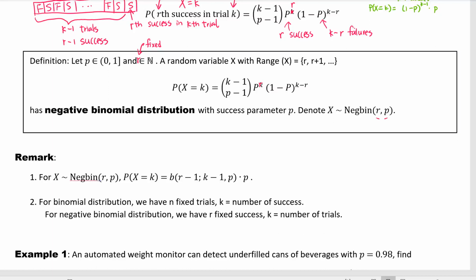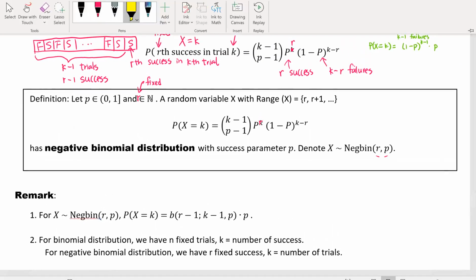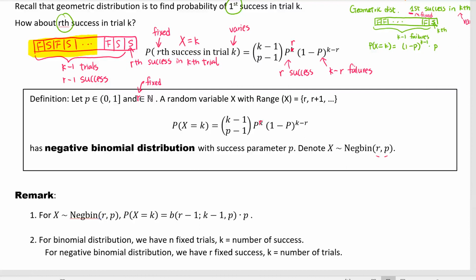First remark. For the negative binomial distribution, if we look at the previous picture, the first K minus 1 trials are really like a binomial distribution.